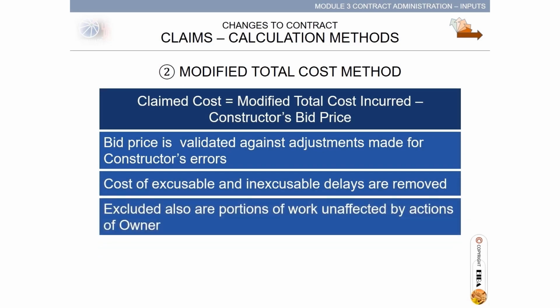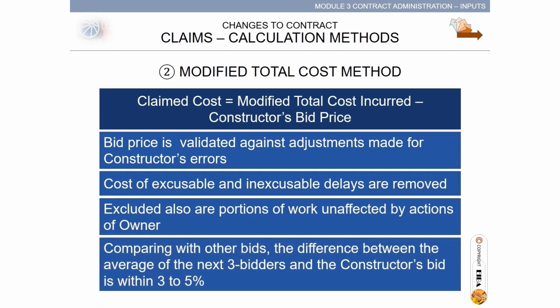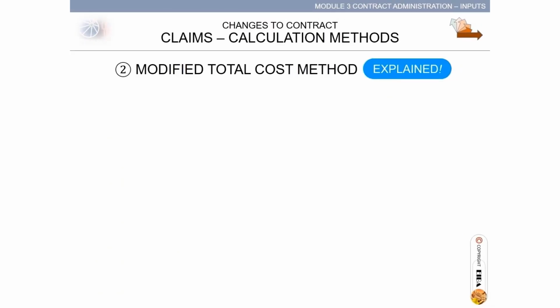Excluded also are portions of the work unaffected by the actions of the owner. Comparing with other bids, the difference between the average of the next three bidders and the constructor's bid is within 3 to 5%.